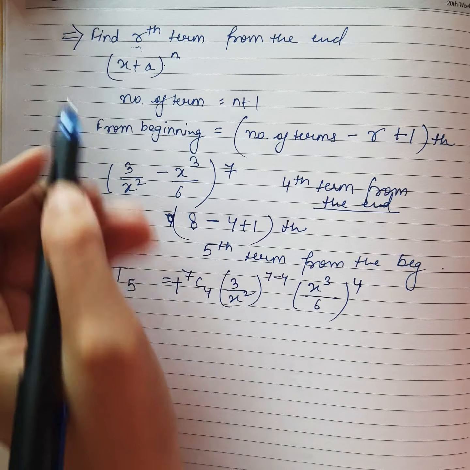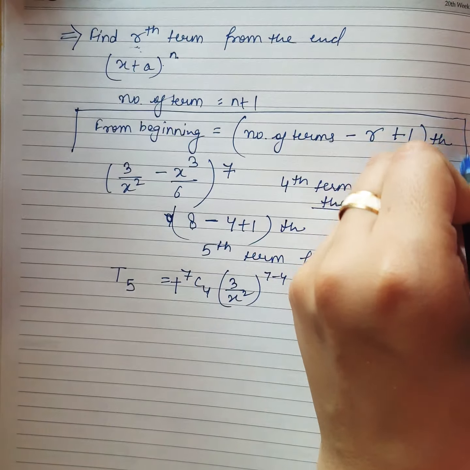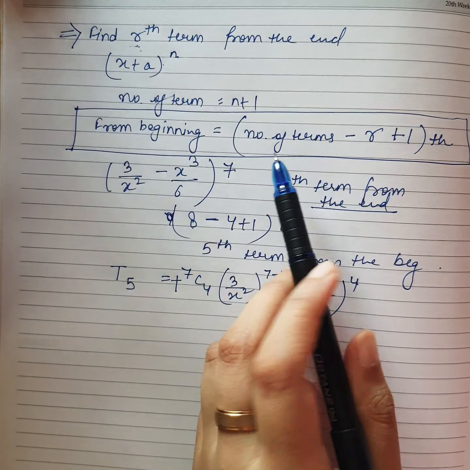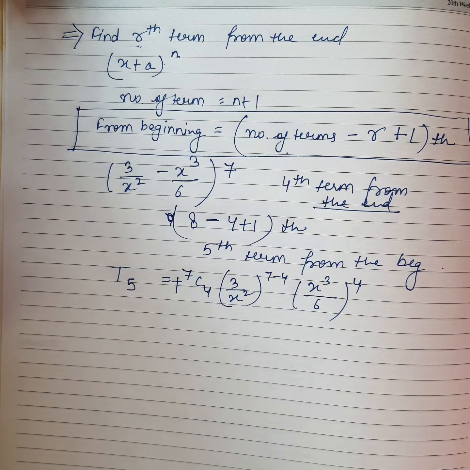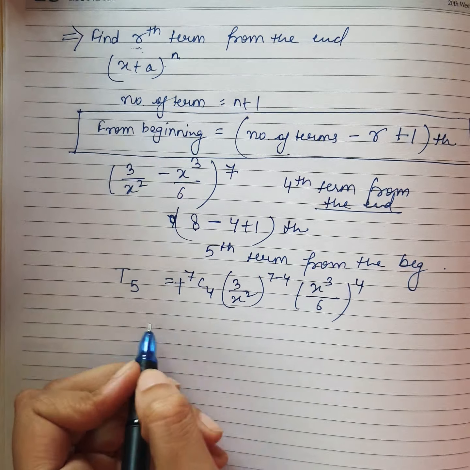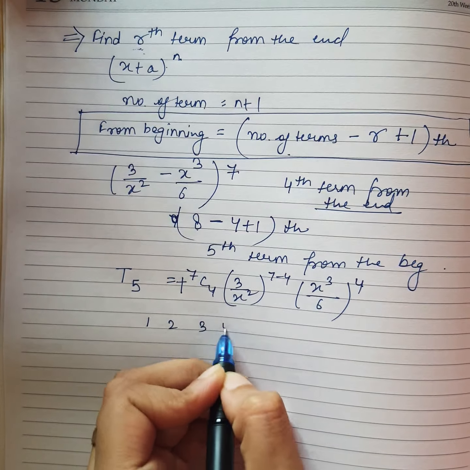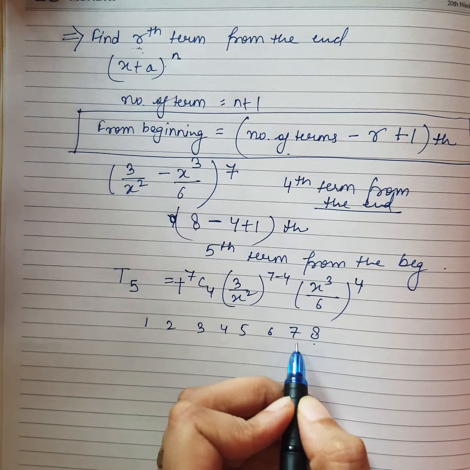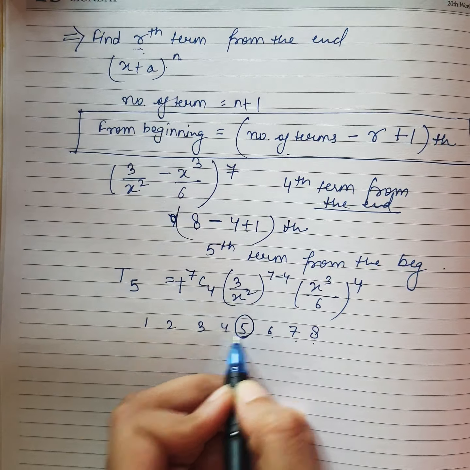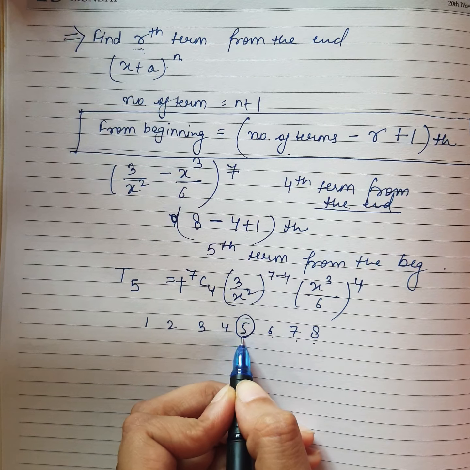So the formula is, if we need to find any term from the end, from the beginning we will find number of terms minus r plus 1. Please note down the formula. Suppose 1, 2, 3, 4, 5, 6, 7, 8 terms are there. Fourth term from the end will be the same as fifth term from the beginning.